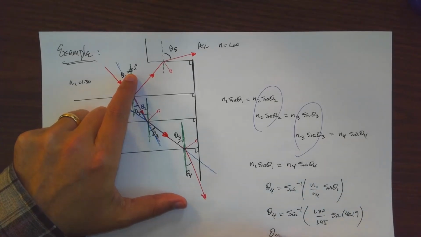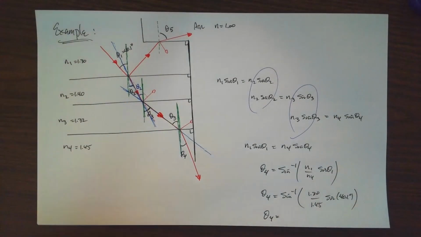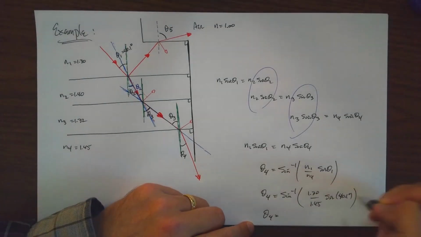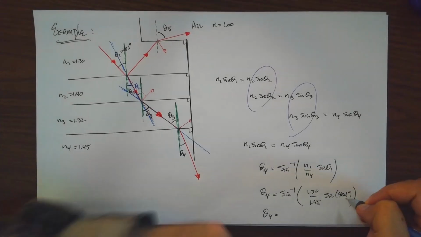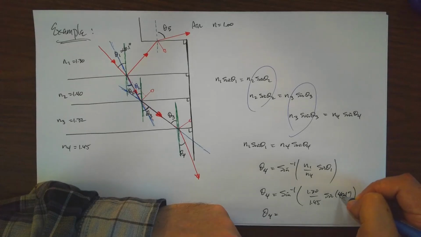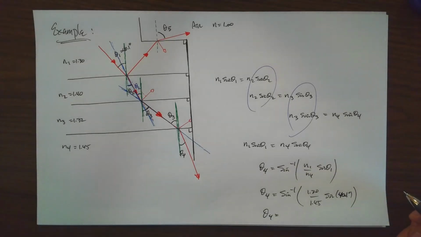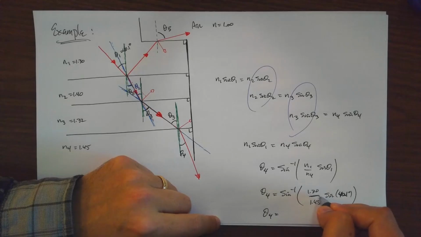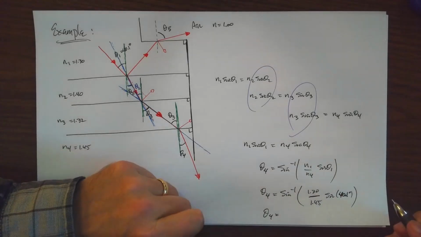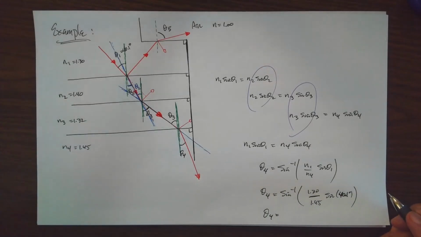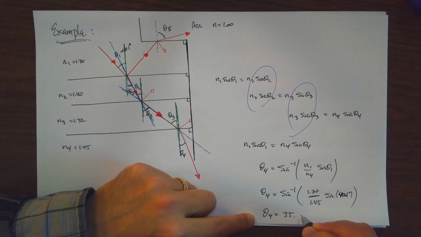And so what do we get for the angle theta 4? 40.1. 35.37, 27.